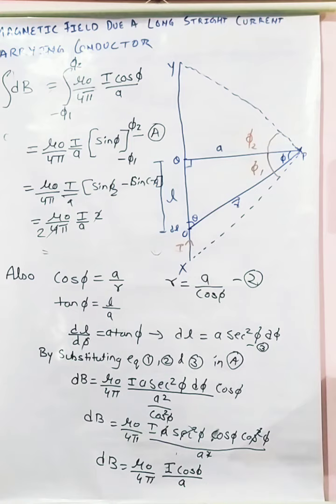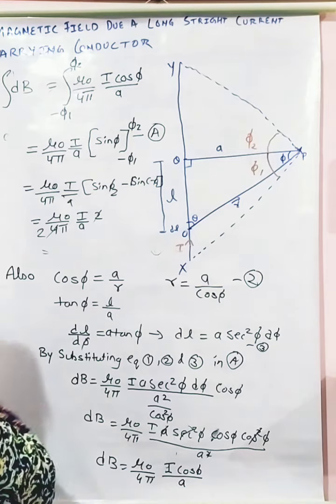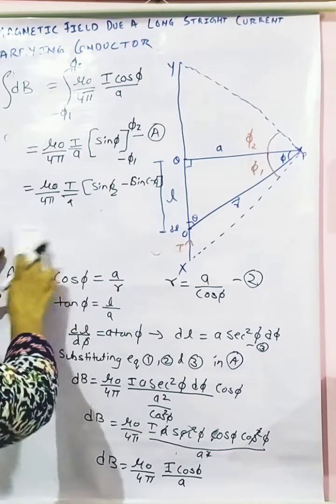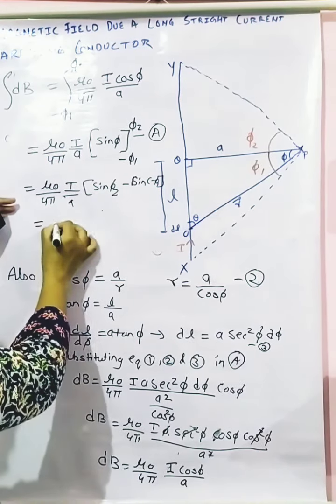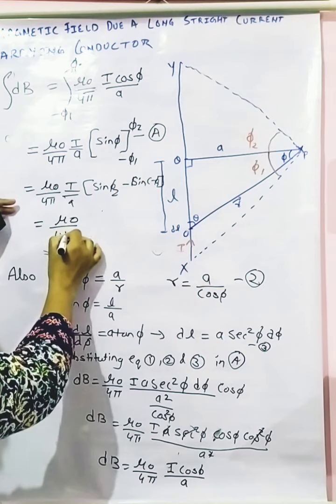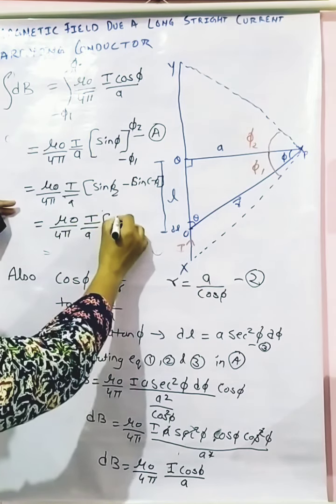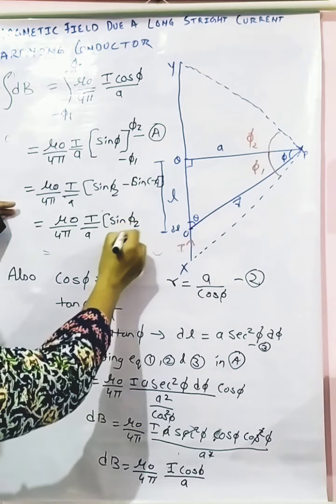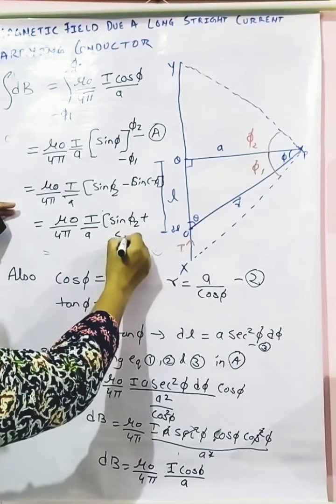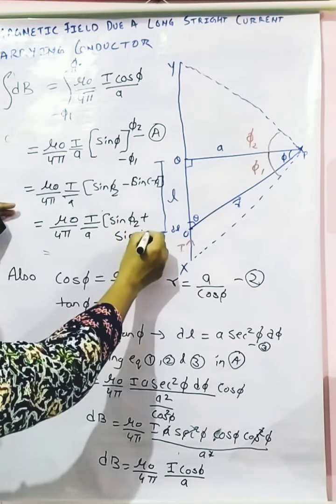So what are we left with? We are left with the expression for this particular case. Instead of this, do one thing: we can have mu naught upon 4 pi I upon a, sin phi 2 plus sin phi 1.